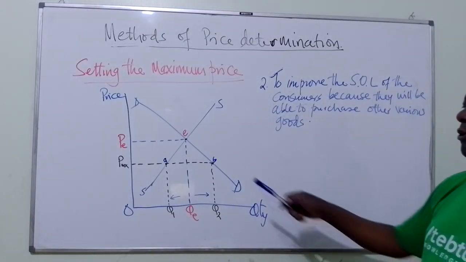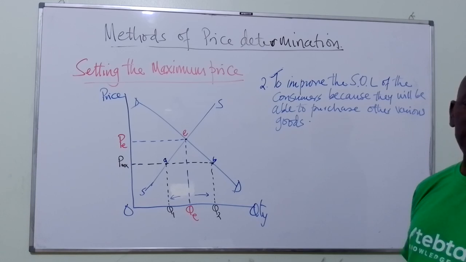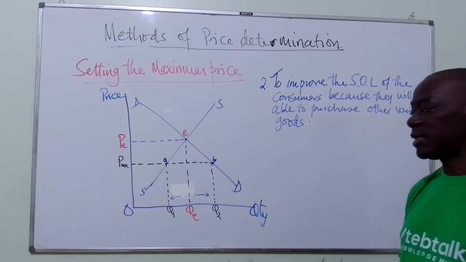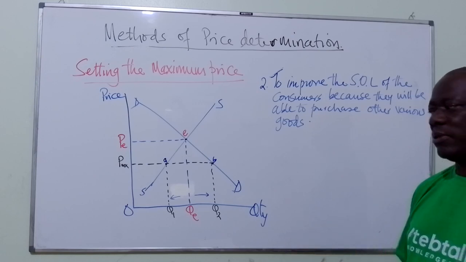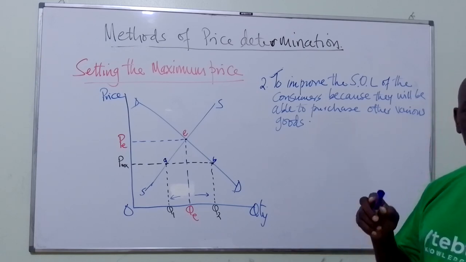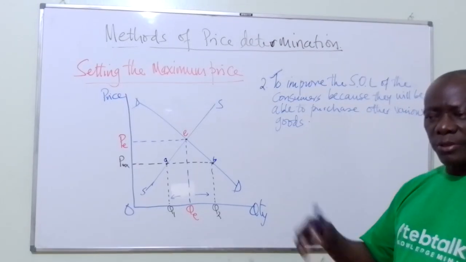And when we are talking about prices set below the equilibrium, it is not a price for one commodity. Government can come up and set prices for over 20 basic commodities: sugar, salt, cooking oil, paraffin, soap, all these.